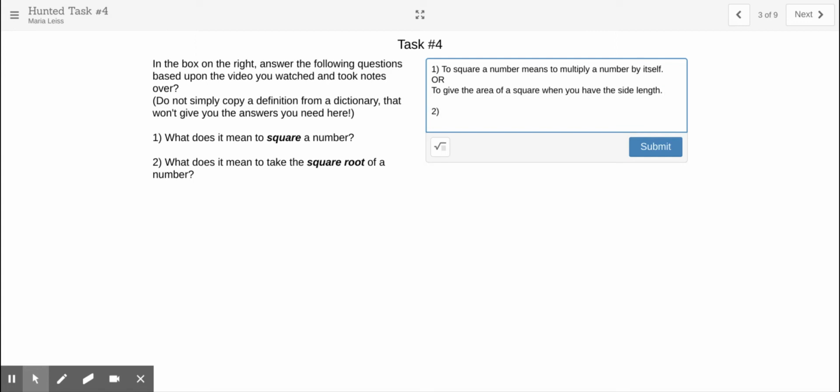Now, square root, as you learned in the video, is the inverse operation of squaring a number. Just like addition is the inverse of subtraction and division is the inverse of multiplication, square root is the inverse operation for squaring a number. This one's a little more difficult to describe. So here's the mathematical way of thinking about what you're doing when you're taking the square root of a number.